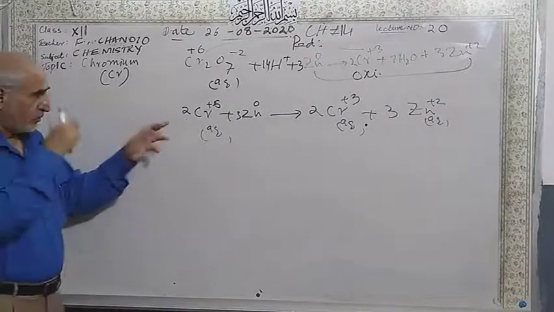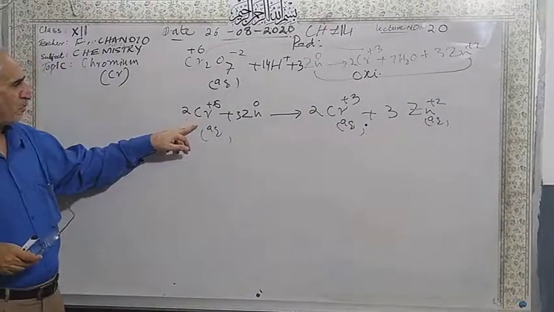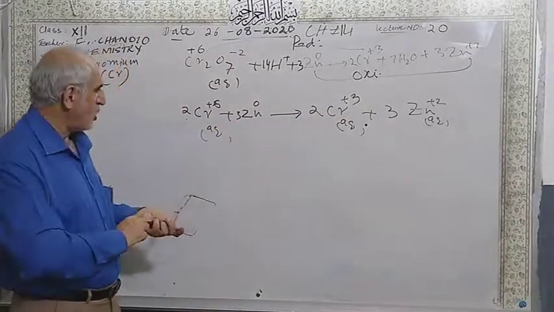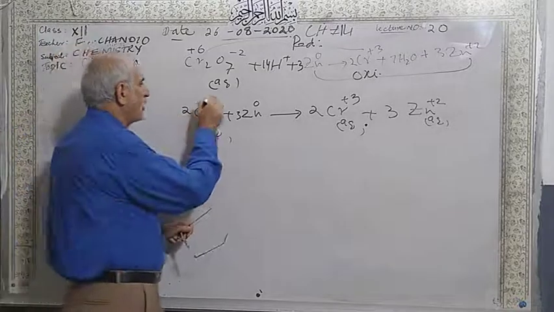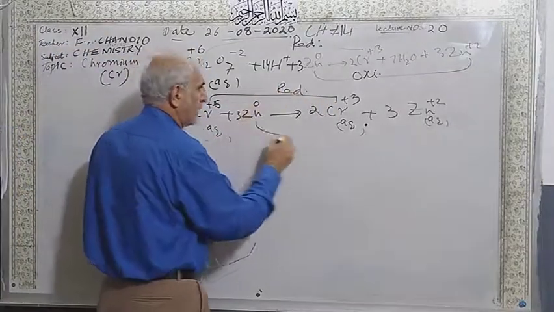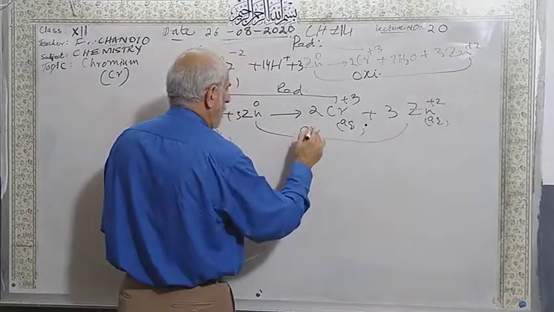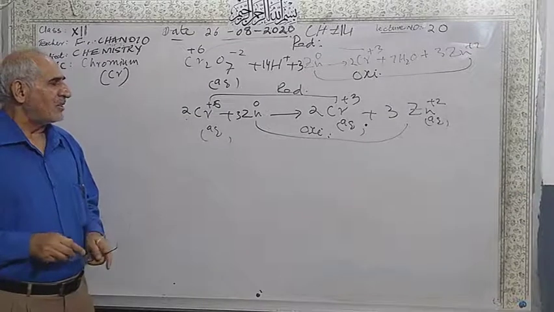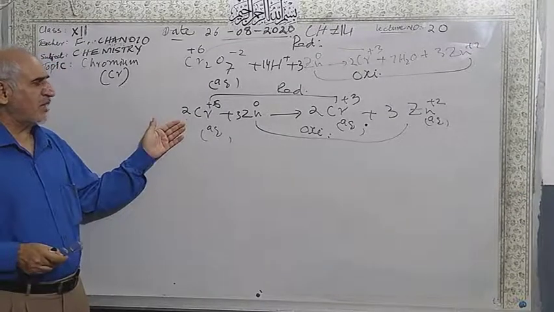So students, chromium 6 changes into chromium 3 and this is called reduction, and this is called oxidation.